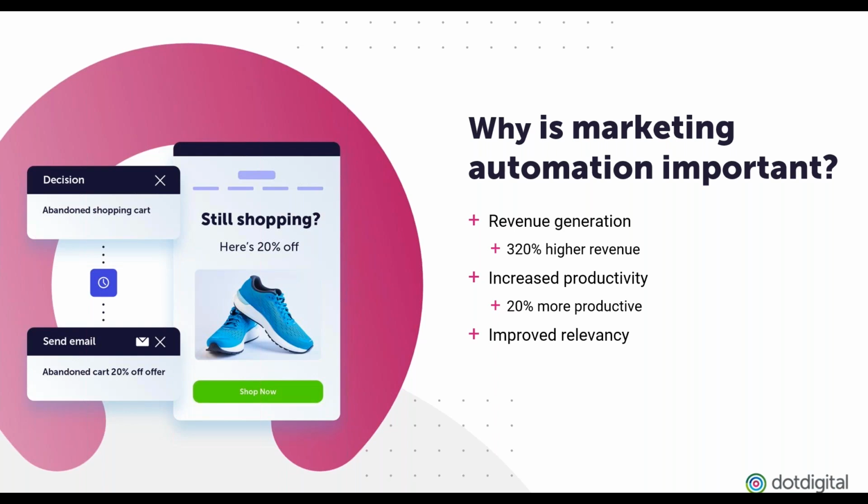Behavior-triggered automations like abandoned carts enable you to improve relevancy, maximizing moment-based marketing tactics. And you can even automate customer journeys across channels, extending the reach of your marketing to include SMS, retargeting ads, WhatsApp, and a whole lot more. And this ensures that you never miss a marketing opportunity.